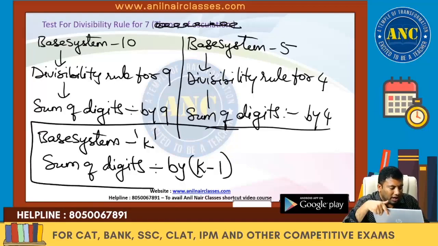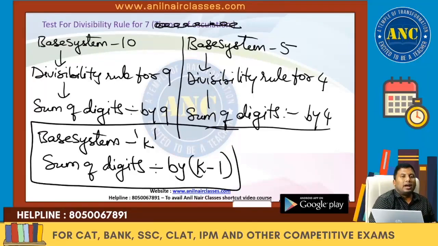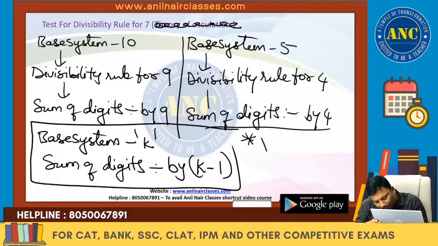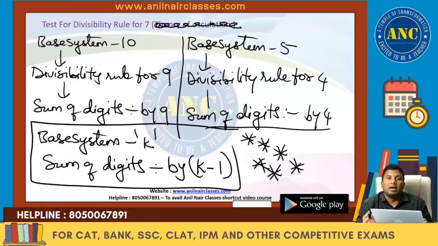Digital sum can be applied for any problem in a base system K: sum of the digits should be divisible by k minus 1. Extremely important concept. Very, very important concept.